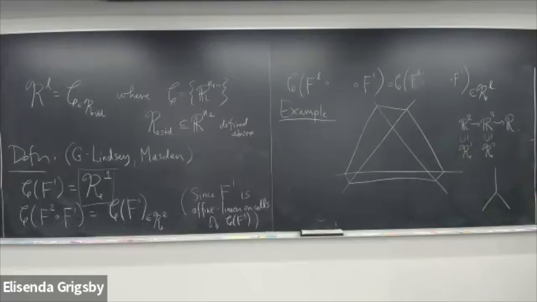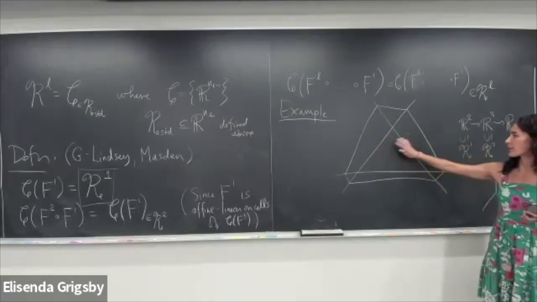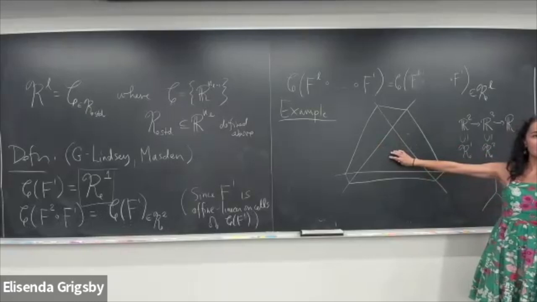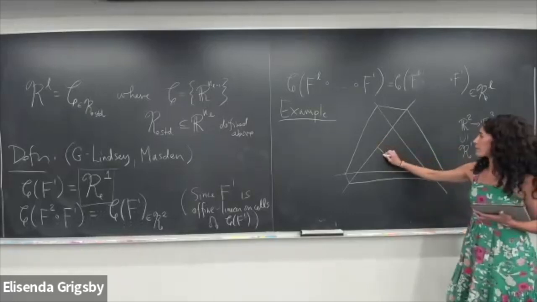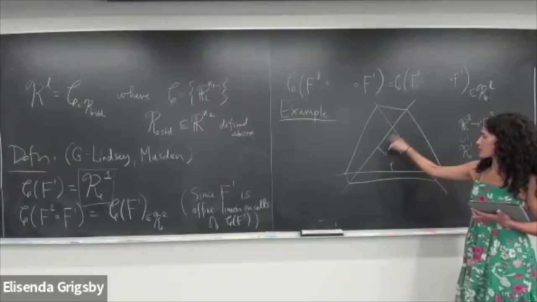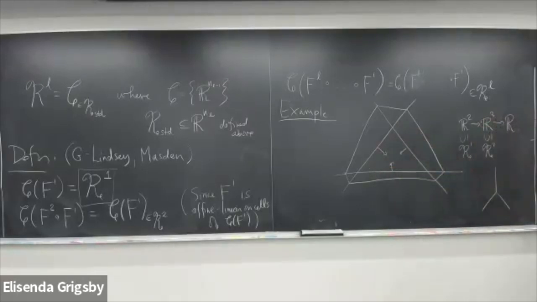I drew this picture last time that the labelings by these ternary signs tell you where the cell goes under the ReLU network map. So if this triangle is labeled +1, +1, +1, then it will map to a triangle in the non-negative orthant of R3.